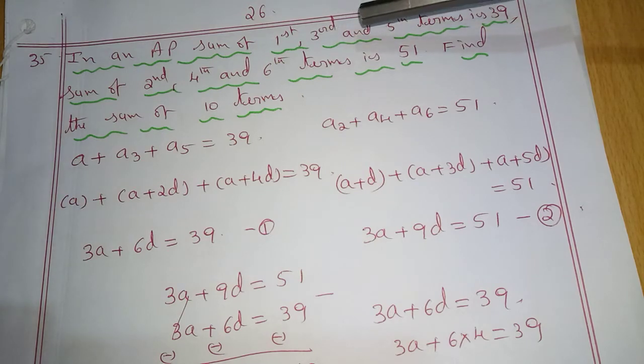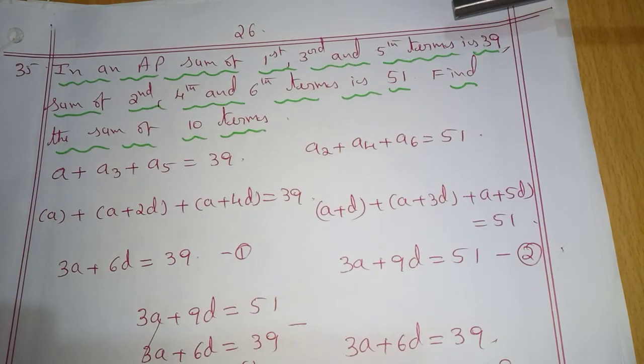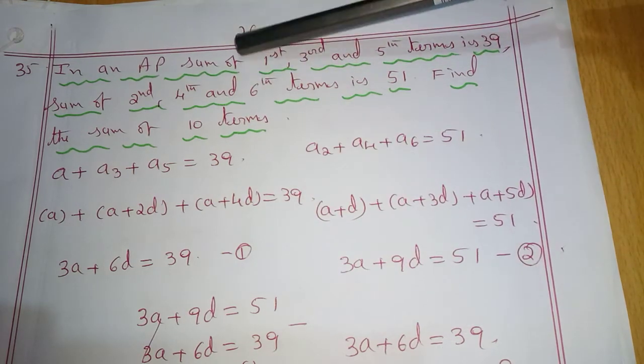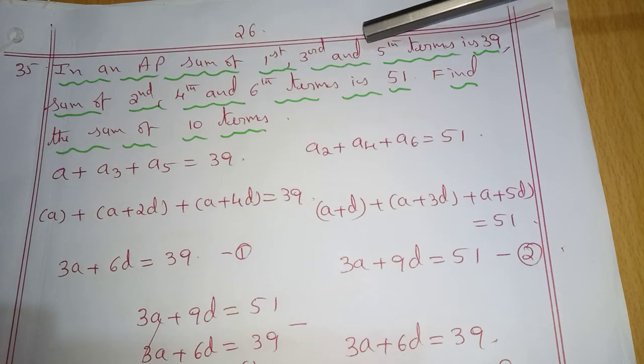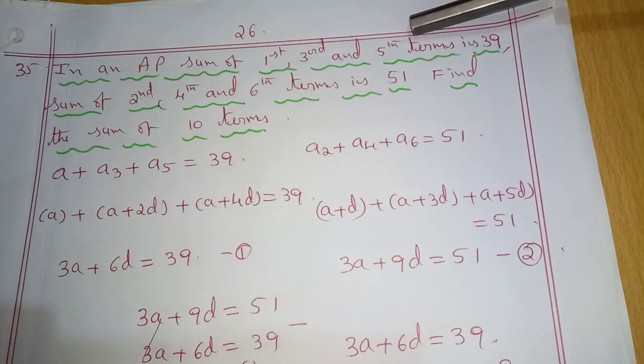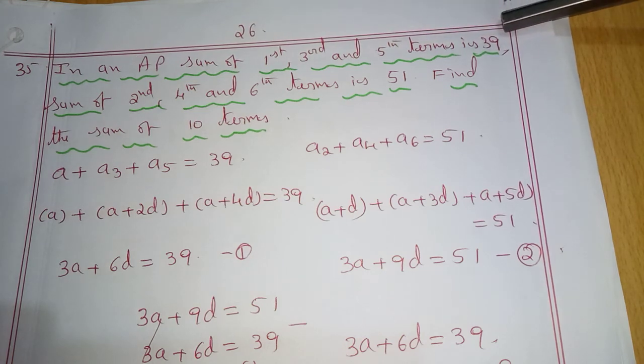In an AP, sum of first, third and fifth term. 3 terms we are adding. First term, third term, fifth term. Sum of first, third and fifth term is 39.